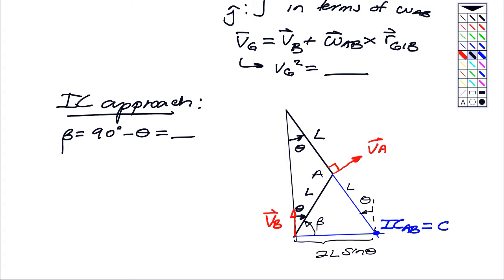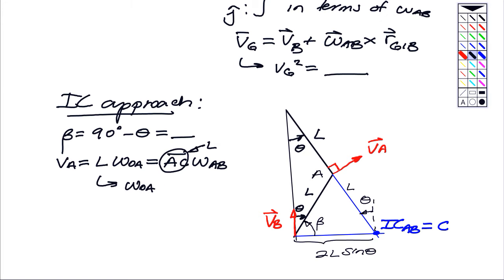So what I will say here is that VA is equal to L omega OA, and that's equal to the distance from A to C times omega AB. So this is going to be the distance of L. So right away we know that omega OA and omega AB are the same.